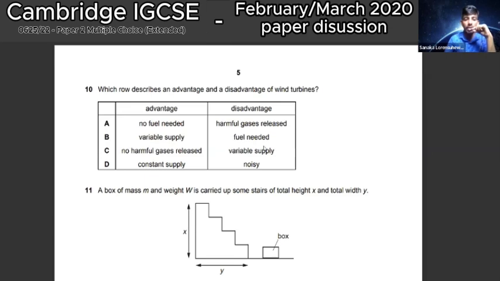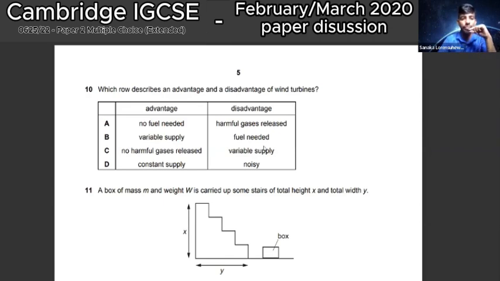B: advantage, variable supply; disadvantage, fuel needed. C: advantage, no harmful gases released; disadvantage, variable supply. D: advantage, constant supply; disadvantage, noisy.